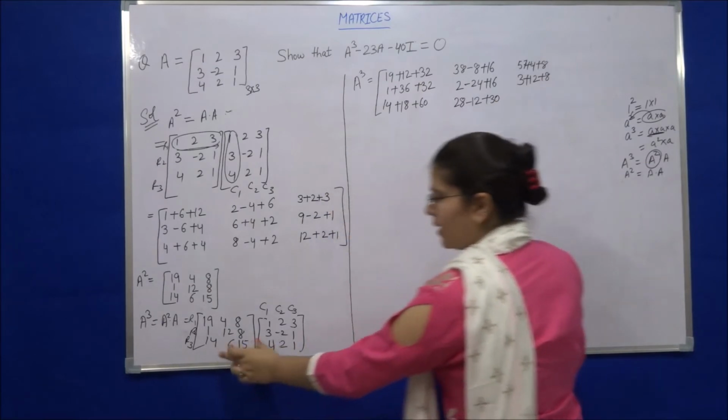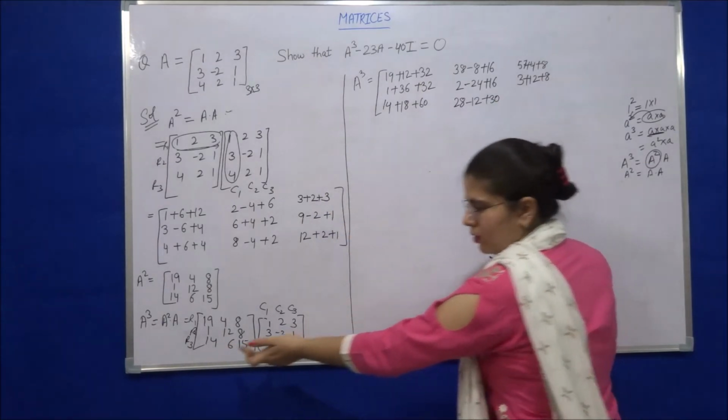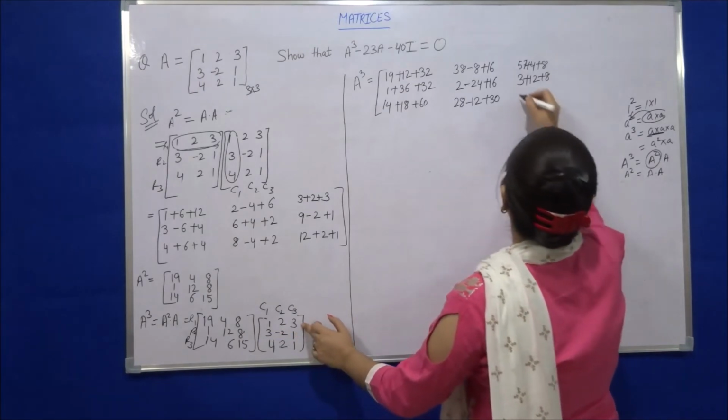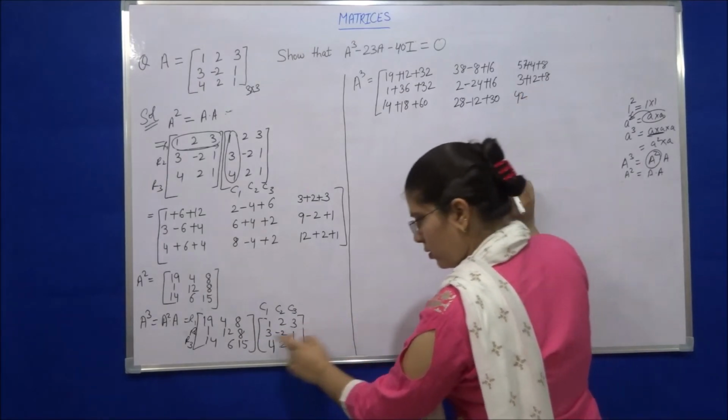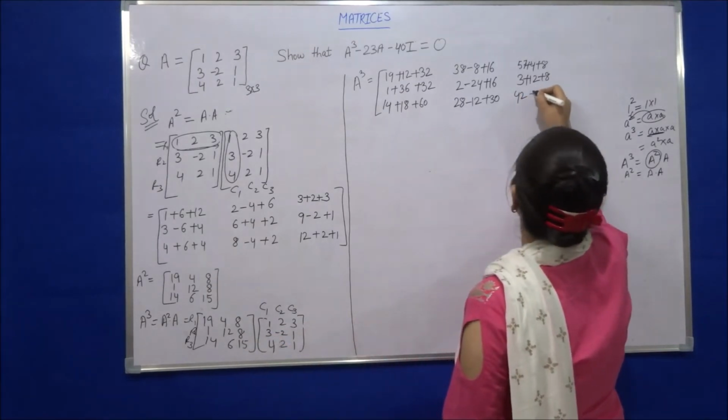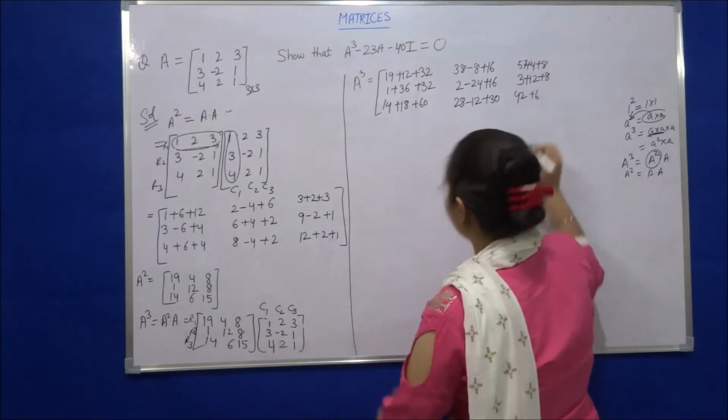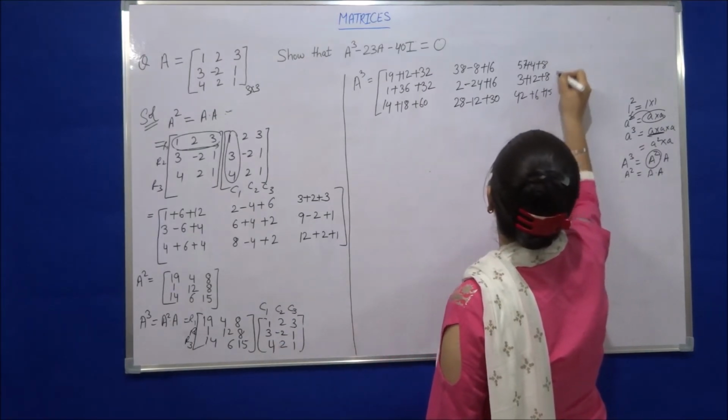Now multiply R3 with column 3. So 14 multiplied by 3 is 42, 6 multiplied by 1 is 6, 15 multiplied by 1 is 15.